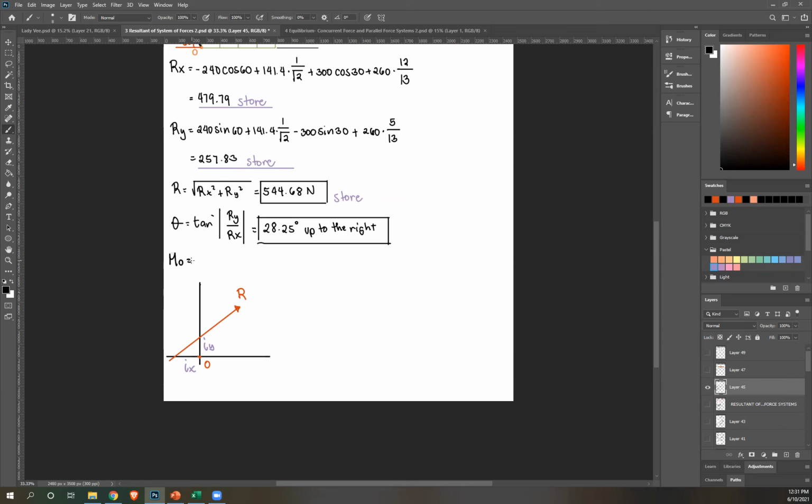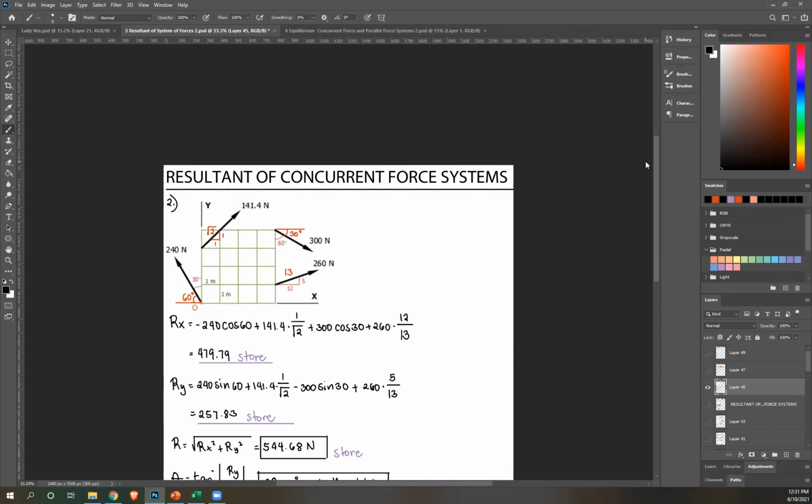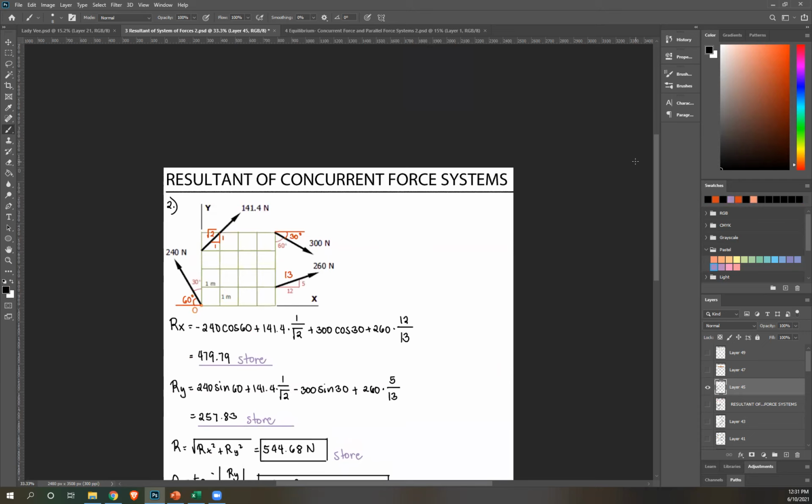So moment about O. Let's go back to our figure. And let's start again from the left-hand side. So starting here, 240, it passes through point O, so I'm going to ignore that. Next, 141.4, I don't know its perpendicular distance to O, so we're going to use component method. I'm going to place my component here so that the Y component passes through O and it cancels out.